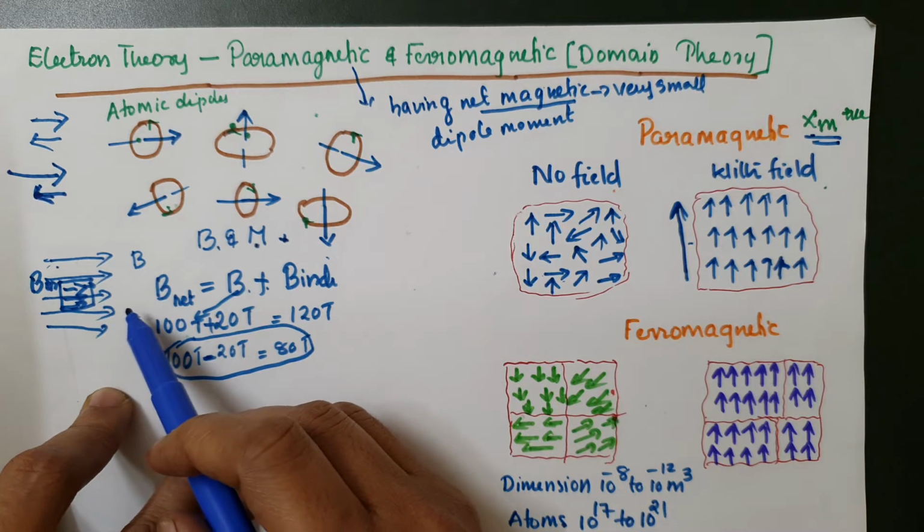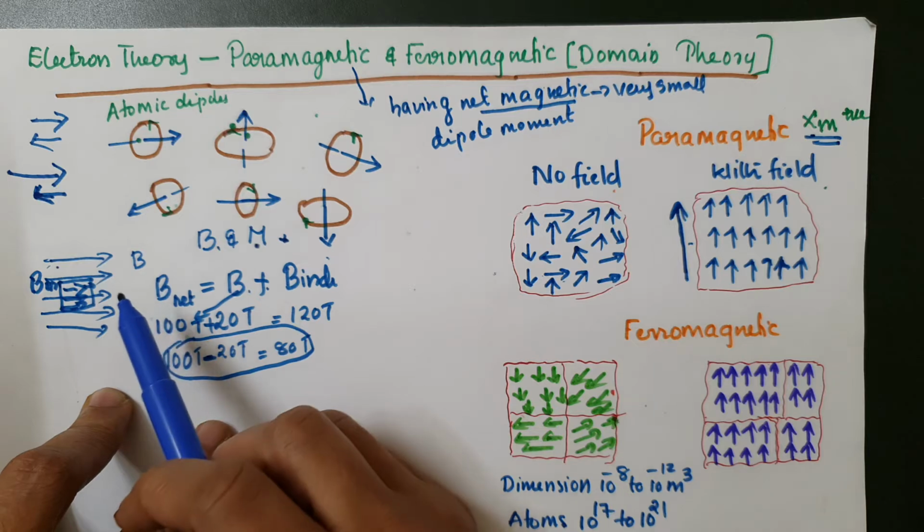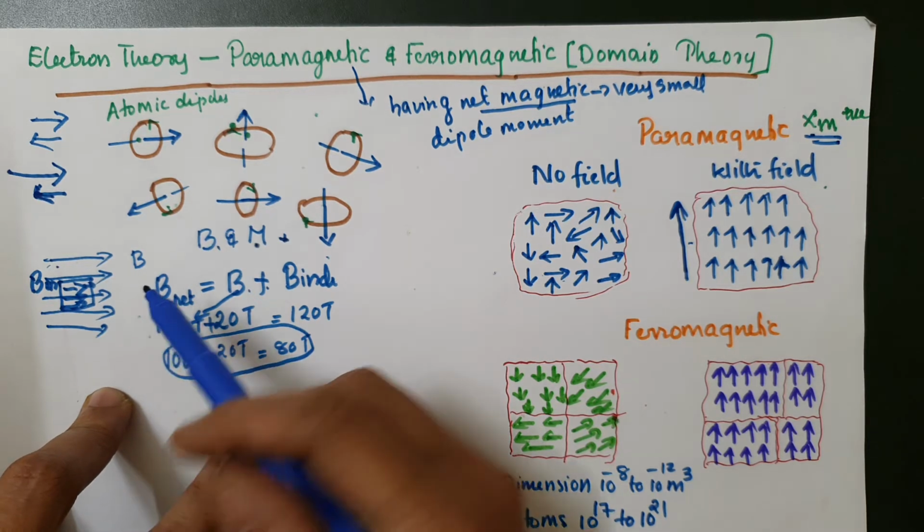And in the case of paramagnetic material, when it is subjected to an external magnetic field, it always aligns in the direction of the field.